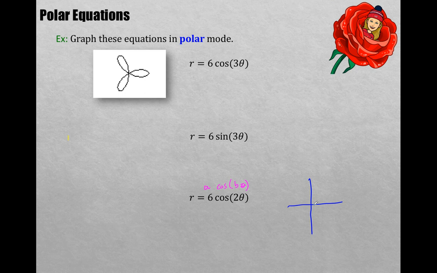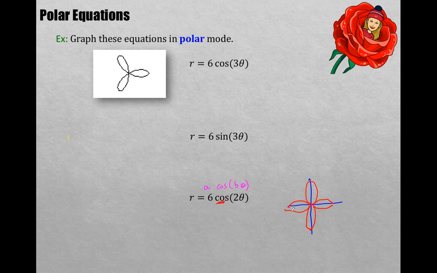This time, though, you do get the orientation around sine, around the positive and negative y-axis. But you also get the positive and negative x-axis. So it is cosine.